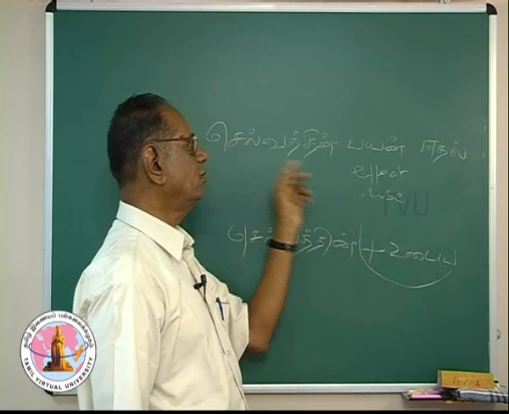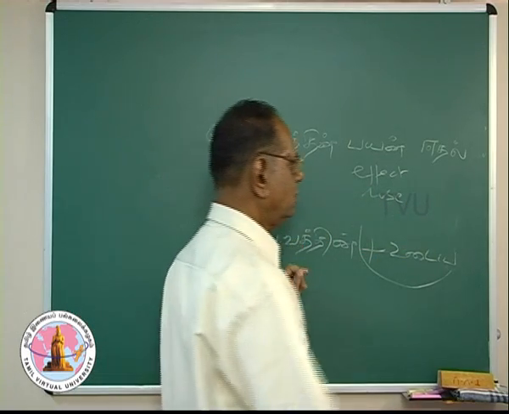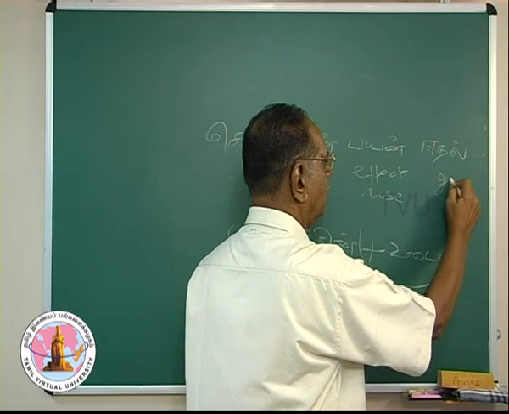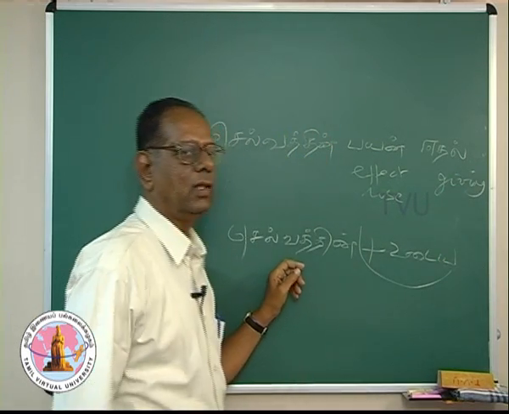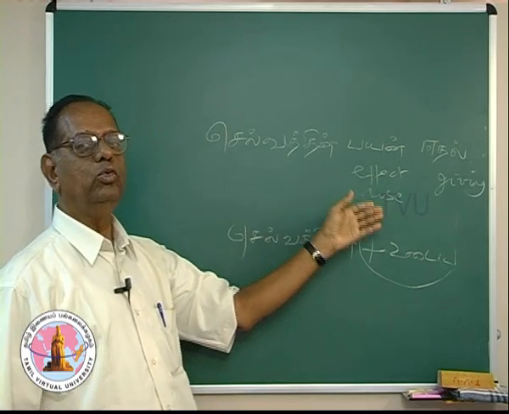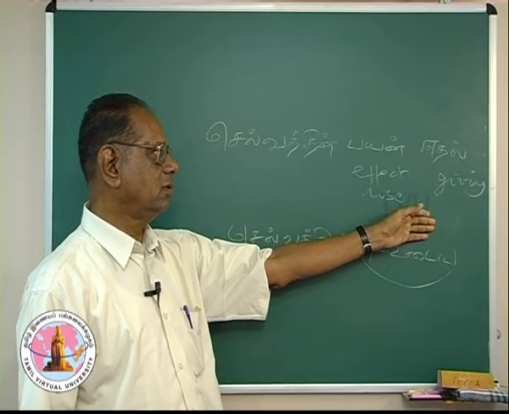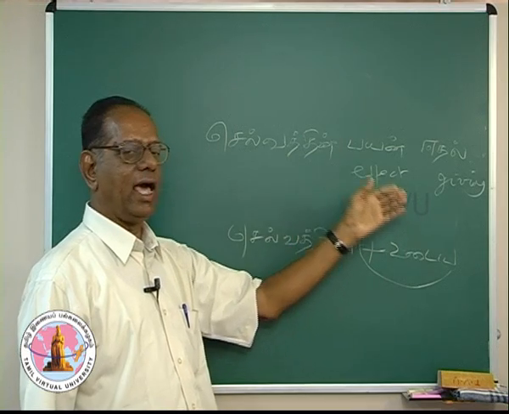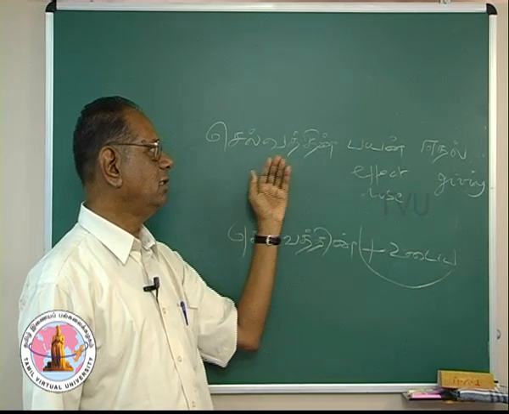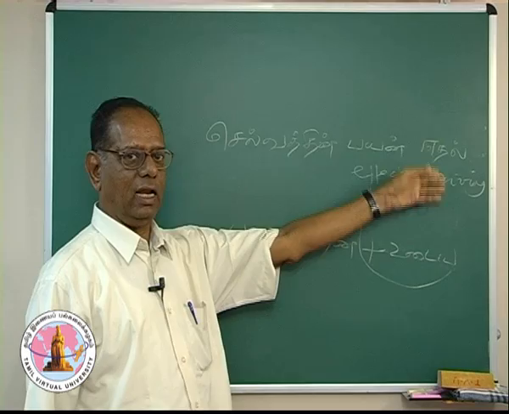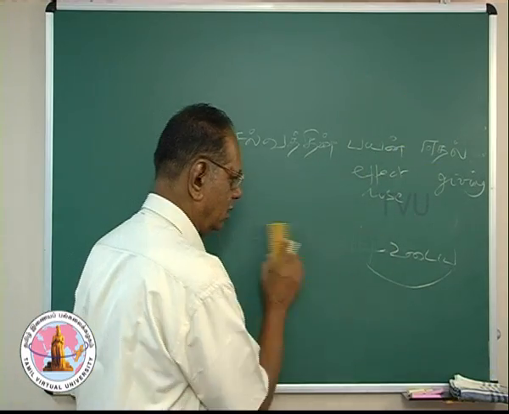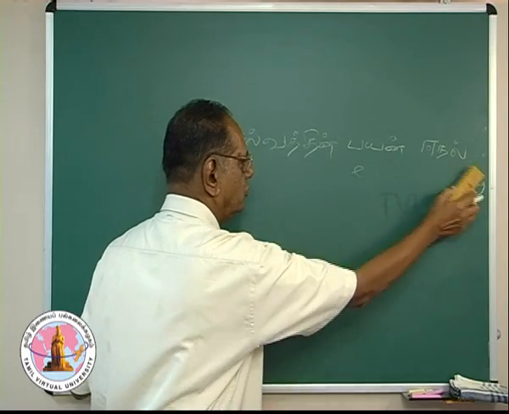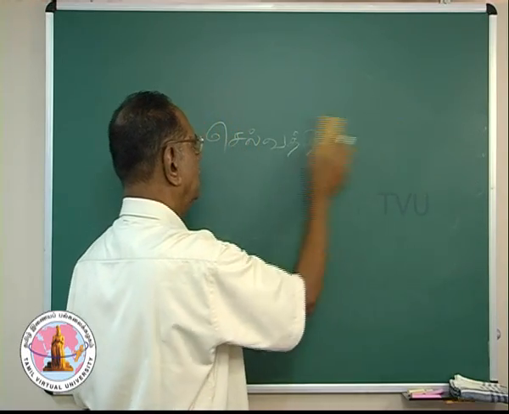The use of wealth is ஈதல், giving. The wealth is to be used for others. That is, it must be shared with others. செல்வத்தின் பயன் ஈதல். Now, you have learnt this word and its change and its use.